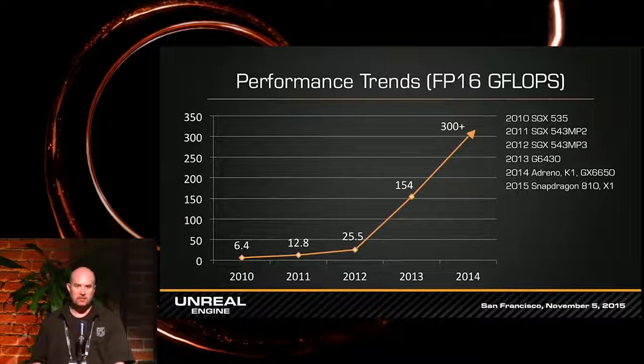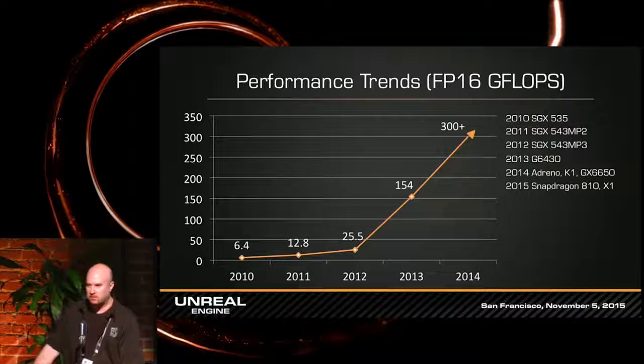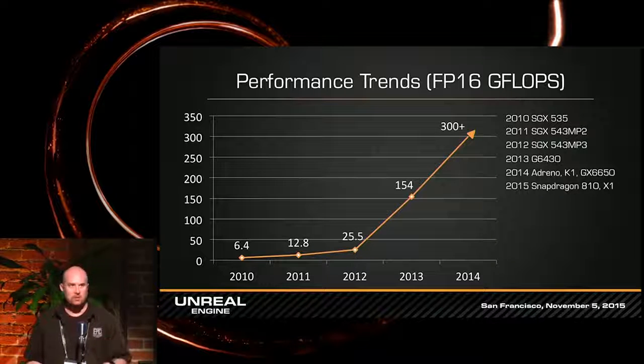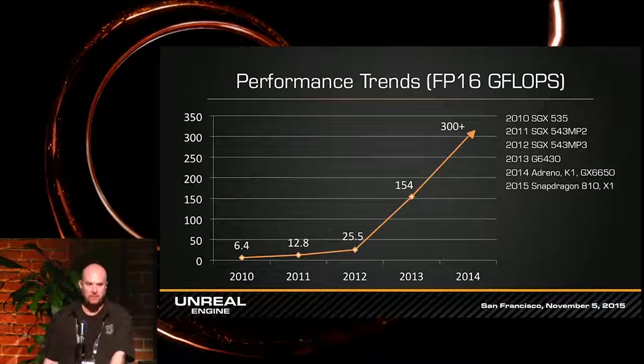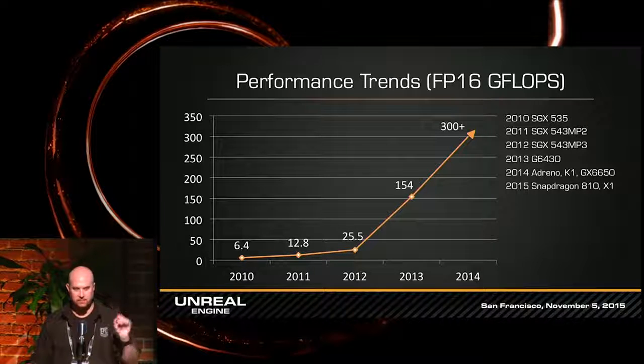So earlier this morning, you saw this slide, kind of. For 2015, some new numbers is for the Snapdragon 810 and the NVIDIA X1 as new high-end chipsets that are out now. The 810, I think the new Nexus device is actually shipped now, so in the high-end, it's an 810.